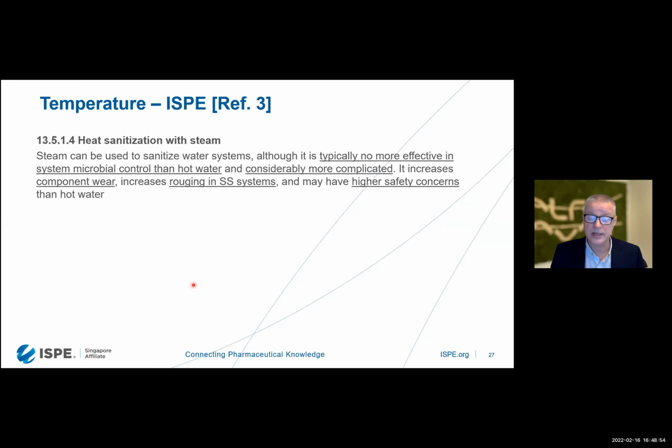And it will also generate more safety concerns than hot water. So please don't use steam to sanitize your system, because that will generate a lot of problems for you, and it really doesn't have any effect compared to normal hot water above 65 degrees Celsius.